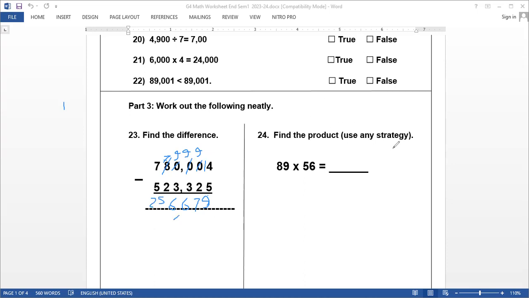Find the product, use any strategy. Now the best way is to work it in the formal way. Here I start by writing 89 and this 56.